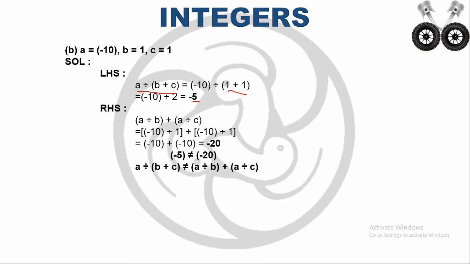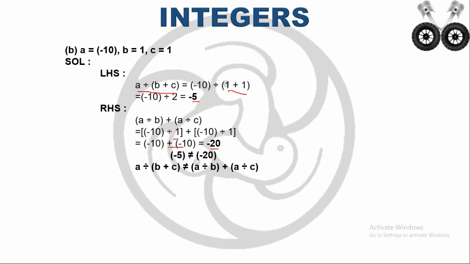Next we have to find the RHS. A divided by B plus A divided by C. So minus 10 divided by 1 plus minus 10 divided by 1. Whenever any number is divided by 1, we get the same number. So the answer is minus 10 plus minus 10. Here the two operators are near together, that means I have to change the sign. So minus 10 minus 10, both integers are having the same sign, that means I have to add.